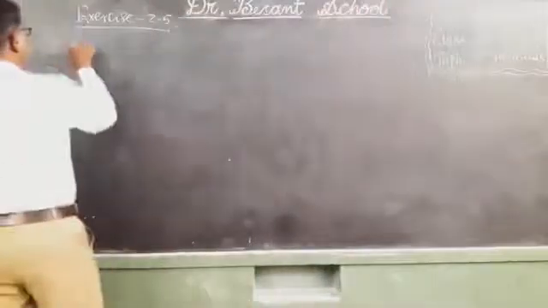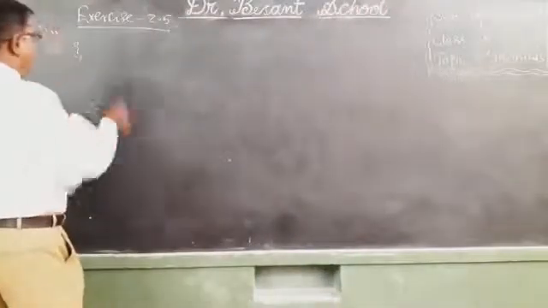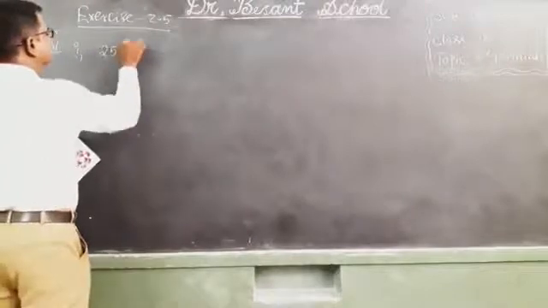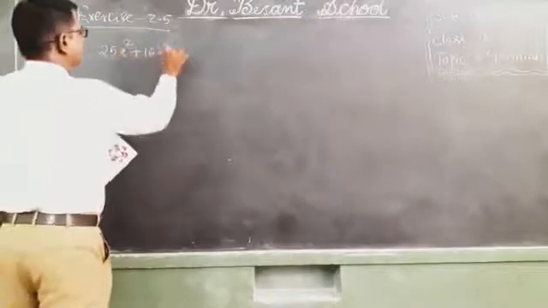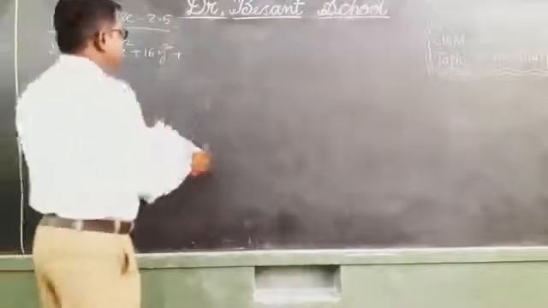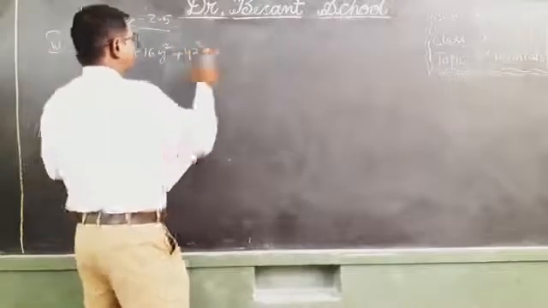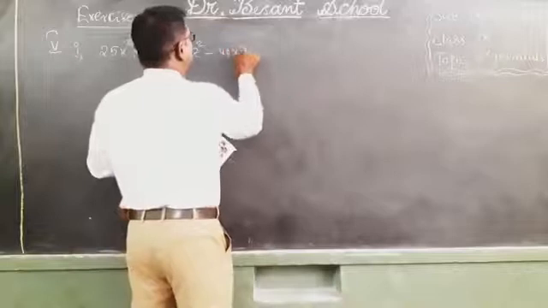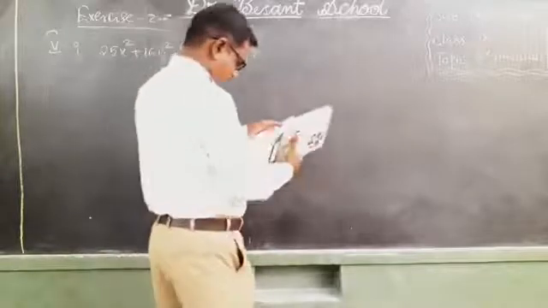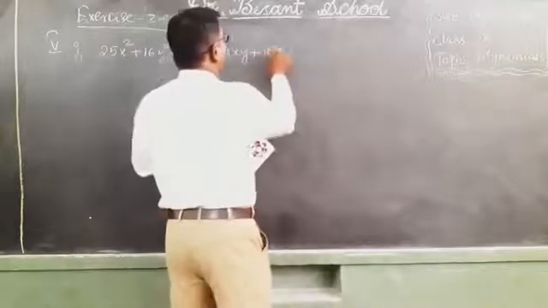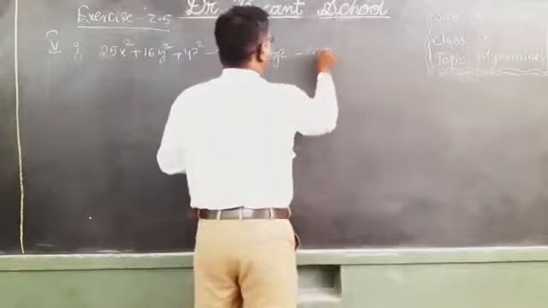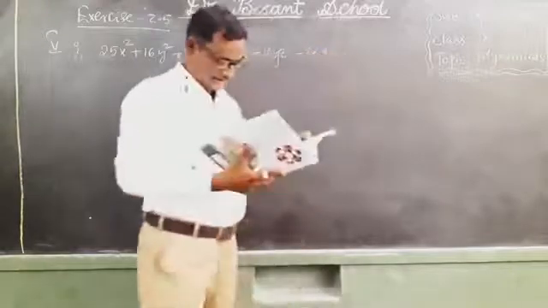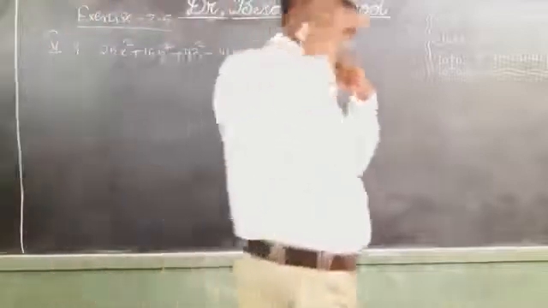Factorize. First one: 25x square plus 16y square plus 4z square minus 40xy plus 16yz minus 20xz. Okay, children, we need to factorize this expression.